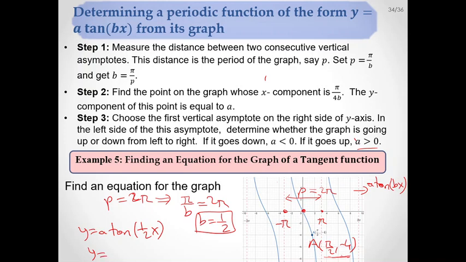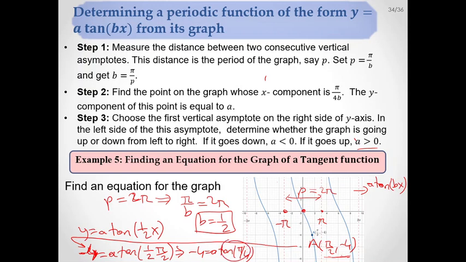And what is the next thing? How can you find a? You substitute the point here. Y is equal to negative 4 and x is pi over 2, and then it will be minus 4 is equal to a tangent of pi over 4. This is 1, so a will be equal to minus 4.